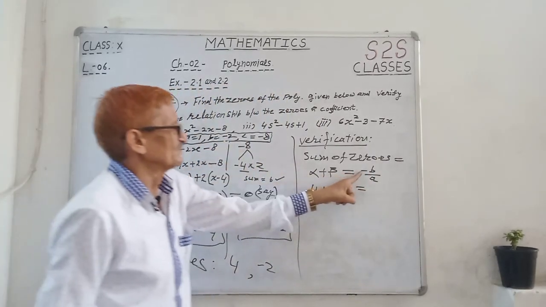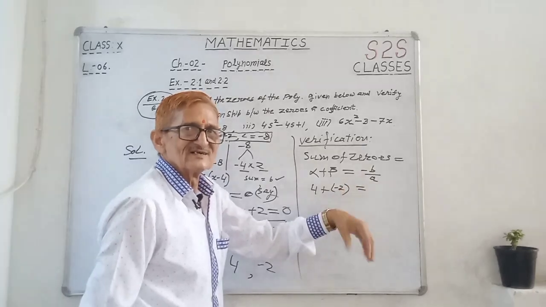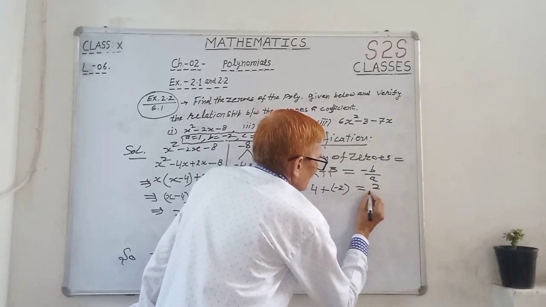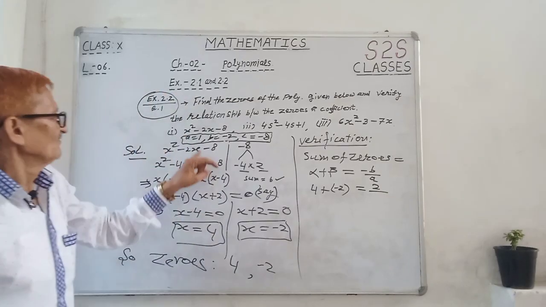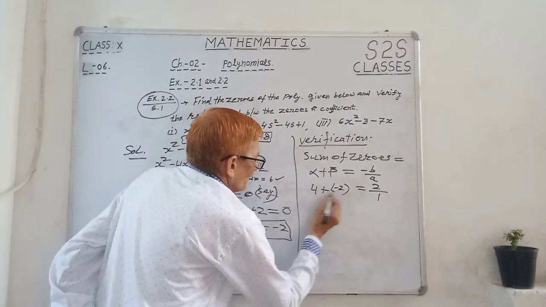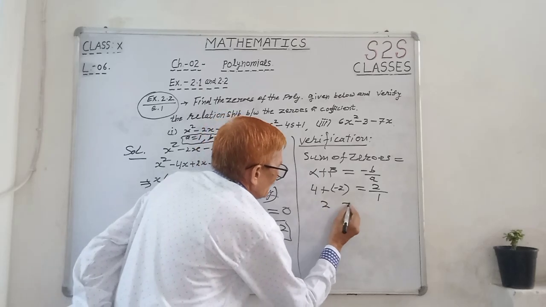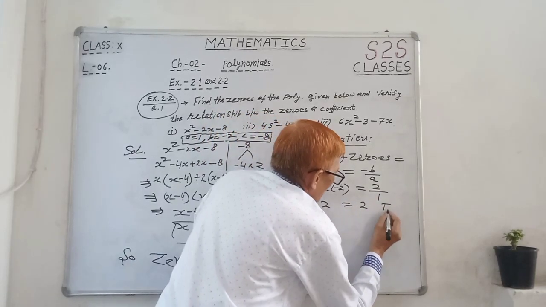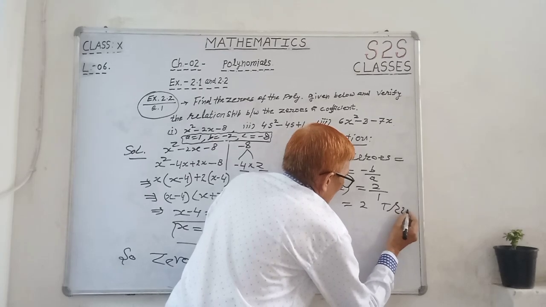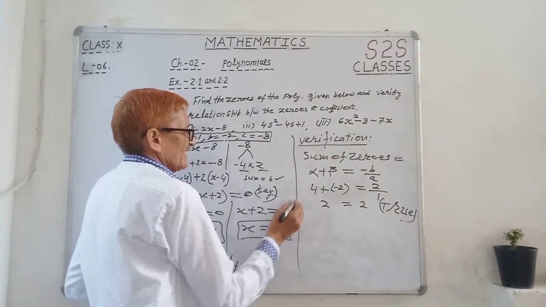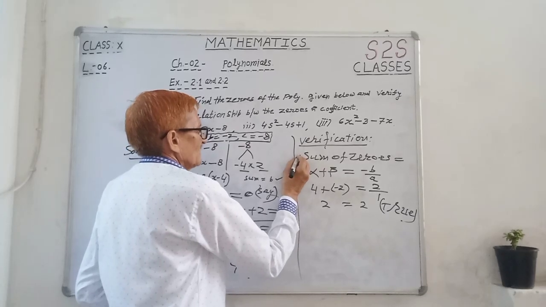B is -2, and with the minus in the formula, minus of -2 is +2, upon a. What is a? A is 1. Then 4 minus 2 is 2. 2 equals 2 upon 1, which is 2. True. Verified.